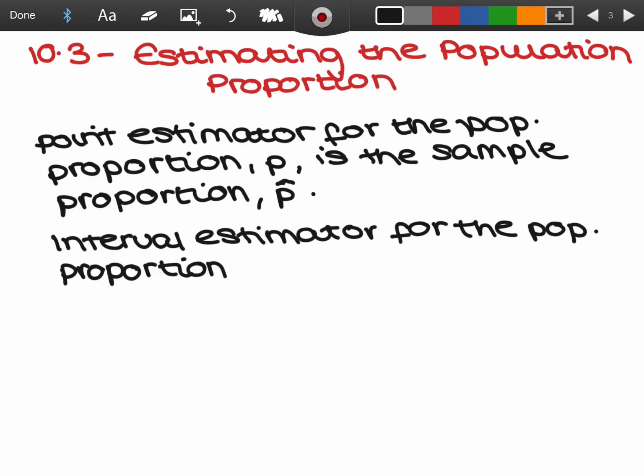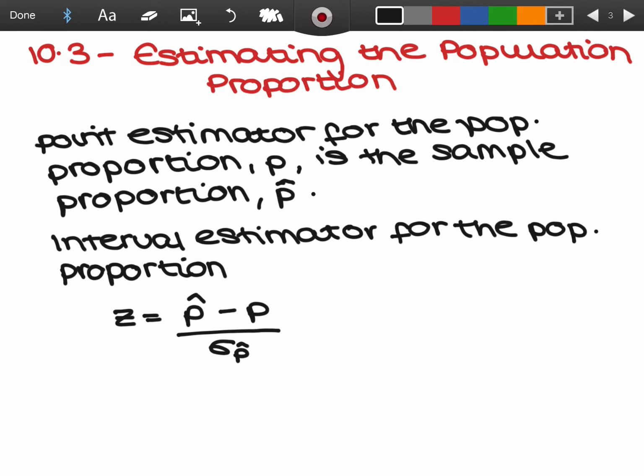There were two properties, if you look back at 9.4, that they had to satisfy. When we do this, our Z transformation for our sample proportions was our sample proportion minus the population proportion over the standard deviation of the sample proportions.